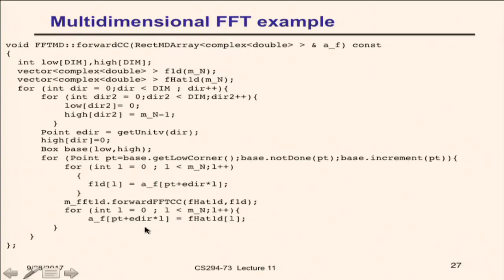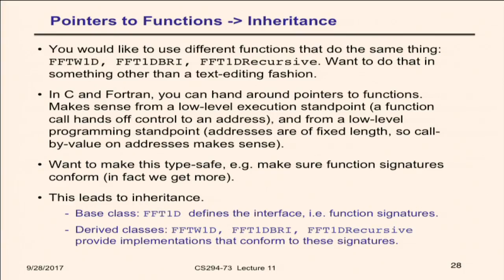All the rest of this cruft is just getting set up to do that. Now, what's wrong with this picture? Well, one thing is that I've given you 2 ways of organizing a 1D FFT. Recursively, and BRI, which stands for bit reverse indexing, so reshuffling the data.